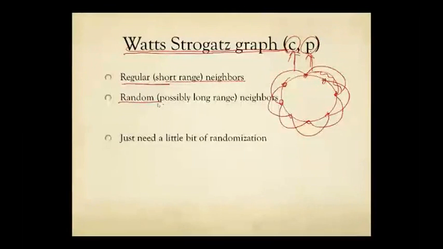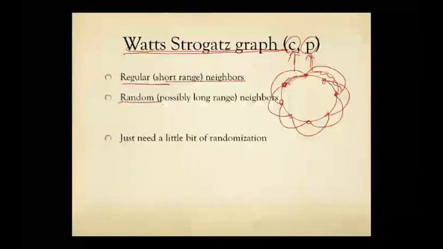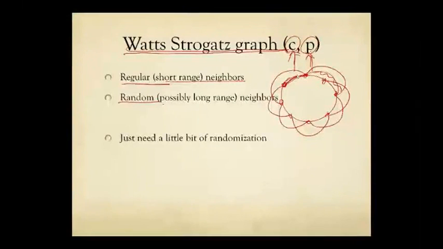Randomization has been used in the past in our lectures and will be used a couple more times in later lectures. In today's lecture, the randomization happens by saying: give me any short-range link that exists in this regular graph. What I'm going to do is look at this short-range link and delete it.